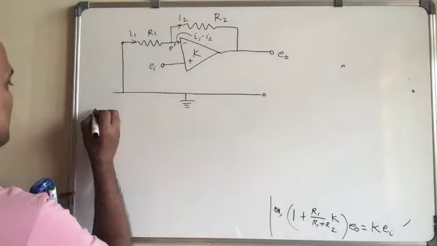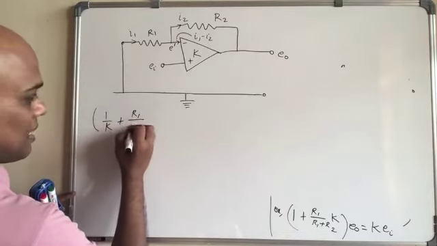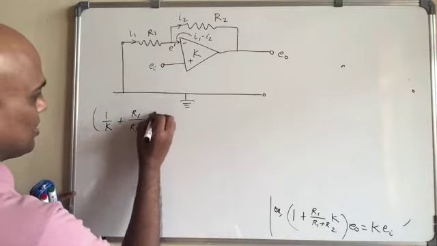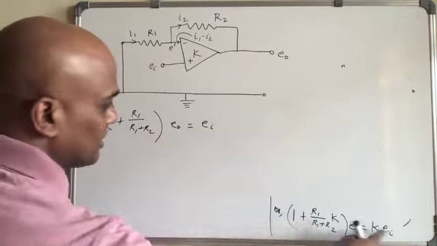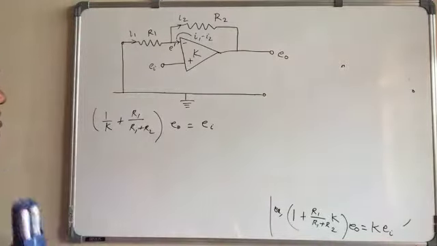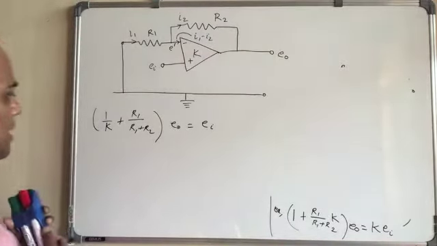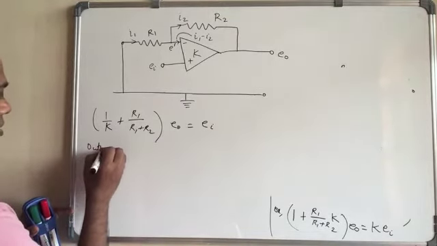If we divide by K, we have 1 over K multiplied by R1 plus R2 multiplied by E naught equal to EI, right? So this equation is just multiplied by K on both sides, and you get this one. Okay. And next is the output over input.